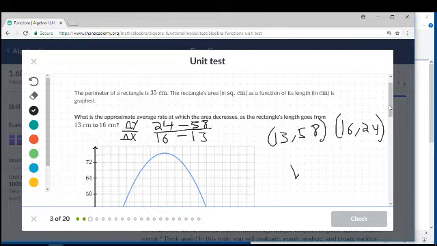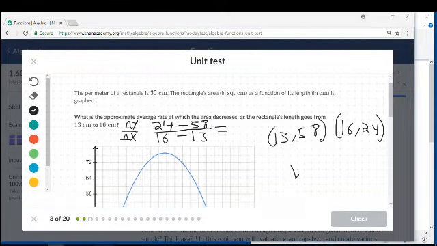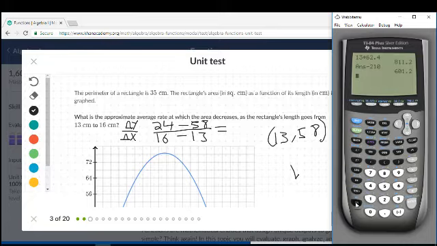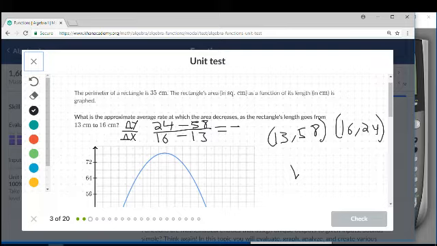So 24 minus 58. Should be able to do this in my head, but just to show you guys. That's negative 34. And 16 minus 13 is 3.